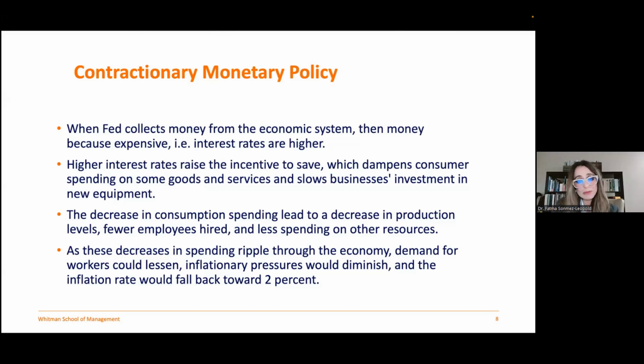As you might imagine, there's not a magic wand where you just make this policy and tomorrow inflation goes down to 2%. As we have seen over the last couple of years, inflation is rather sticky, and monetary policy will impact with a lag. This lag could be 2 years, could be 3 years, depending on how deep the problems are.